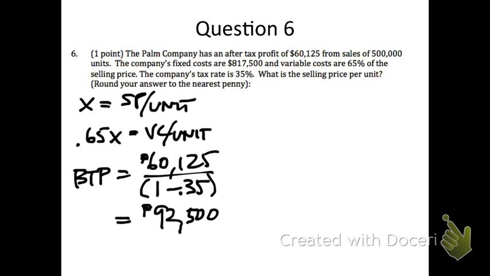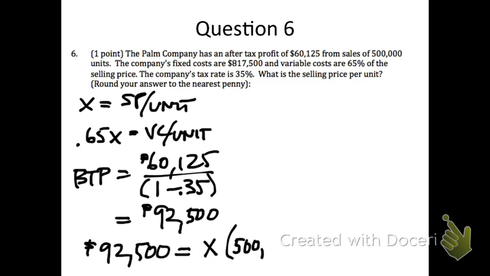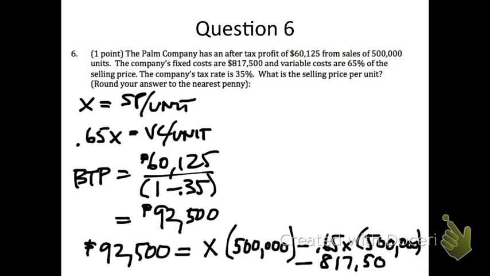And our operating income equation says that our before-tax profit of 92,500 is going to be equal to sales of 500,000 units. So if I take X times 500,000 units, minus our variable cost, which is 0.65X times 500,000 units, minus the fixed costs of 817,500, then we have our operating income equation.